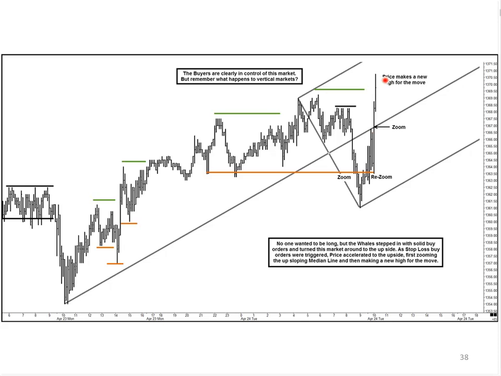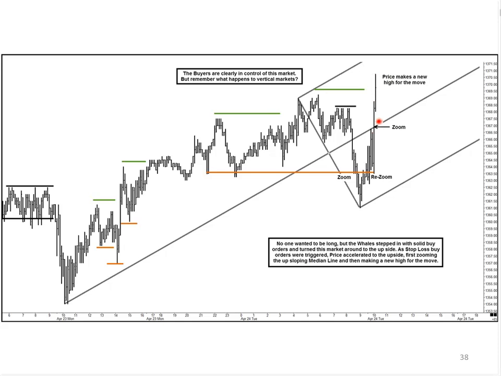Now, it's difficult to pick the top or the bottom, and that's not what I'm suggesting you do, but look for the signs that the turn is there, because as it starts into this action, especially when it's just a couple bars and it's so vertical, you know that it's not going to go, you know, 500 handles higher without breathing. It's going to have to do something, whether it's consolidate or turn. It's going to have to do something.